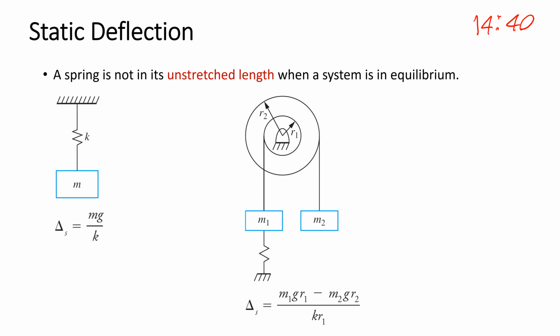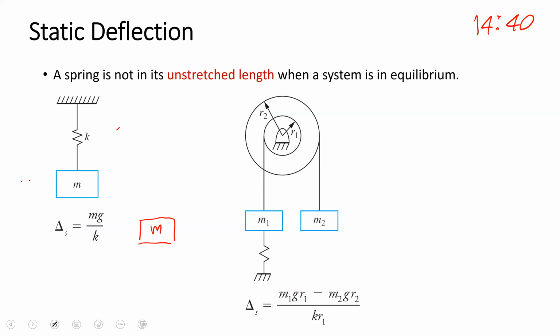Static deflection means in the equilibrium, the spring is not at the unstretched length. It may have some pre-compression or pre-extension. And let's see how we can obtain the static deflection. It's very simple. For the 1 degree of freedom system, we may just draw the free body diagram of this thing.